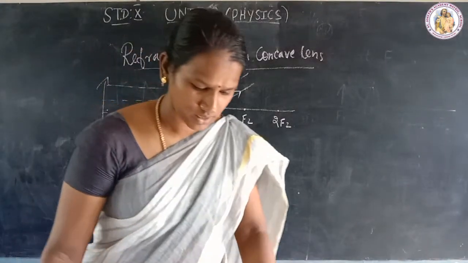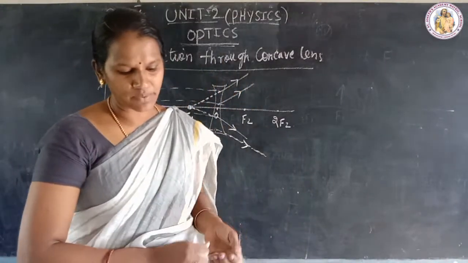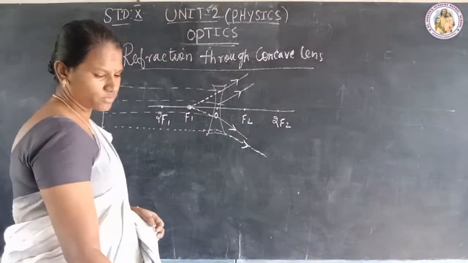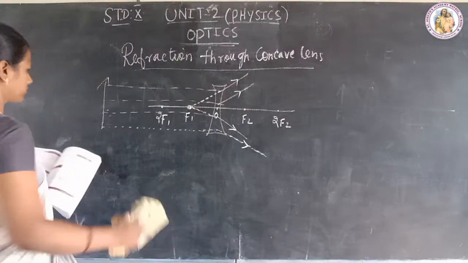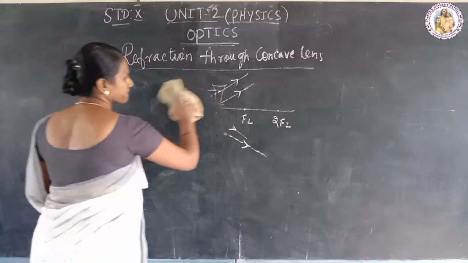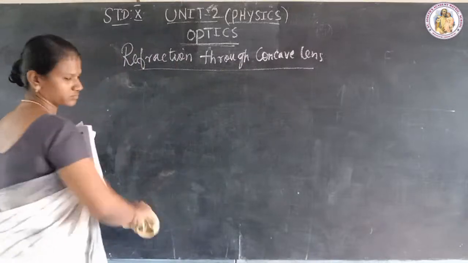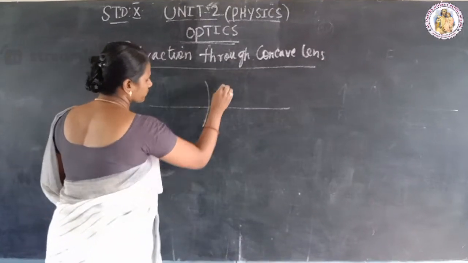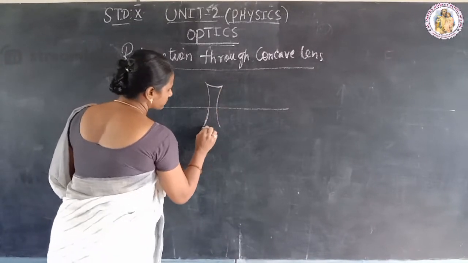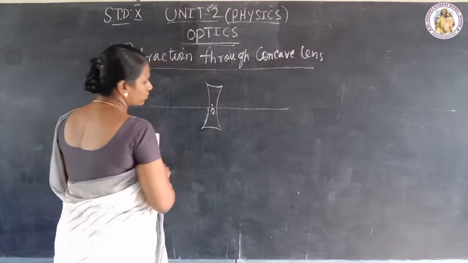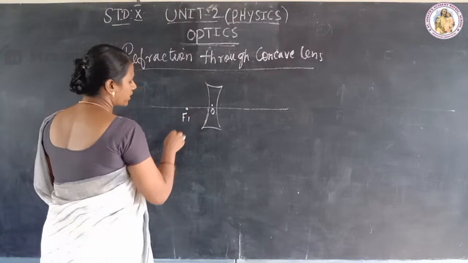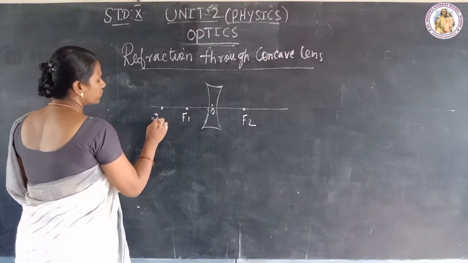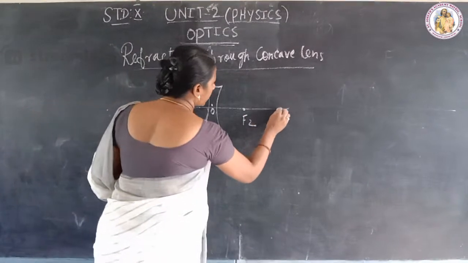Next, the object anywhere on the principal axis at a finite distance. For example, if I keep the object, here is the principal axis, the concave lens, the optical center O, F1 on this side and F2, then 2F1 and 2F2.